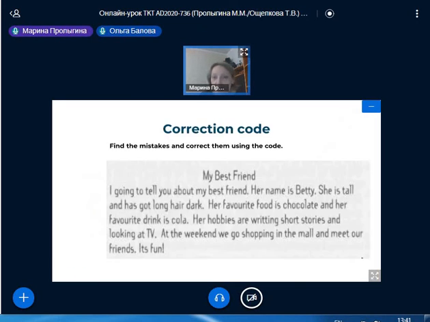Okay, so now I'd like you to practice and use this correction code in order to find and correct the mistakes in this piece of writing. Actually, a hint is that we have only one mistake in every line. Okay. So you're going. I'm going.